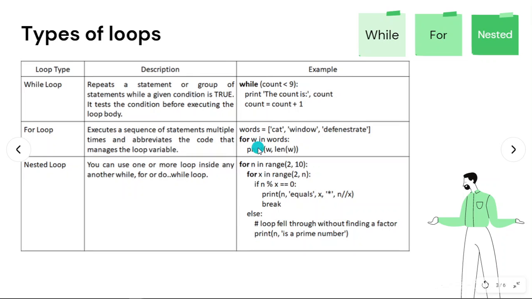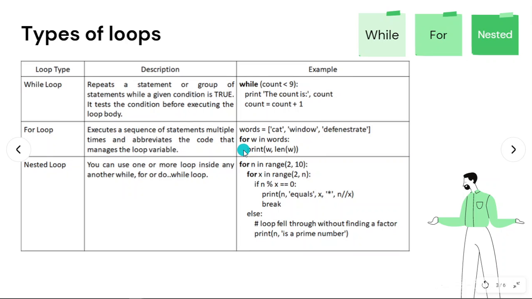So w is the item in this sequence, and every time this loop executes we get a new item from the sequence. Using that variable w, we can print that item. So print w, and we also print the length of that variable.